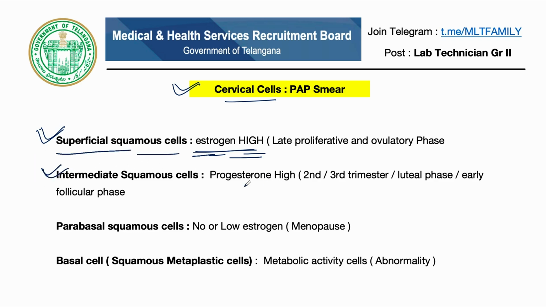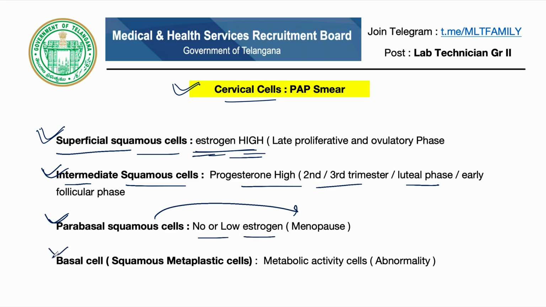Similarly, if progesterone gets high, like in the second and third trimester of pregnancy or in the luteal phase, there will be an abundance of intermediate squamous cells. Parabasal squamous cells are seen in women with menopause or higher age, who have low estrogen.